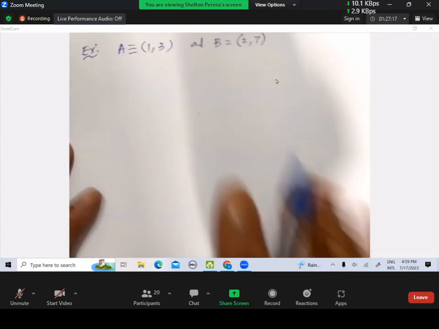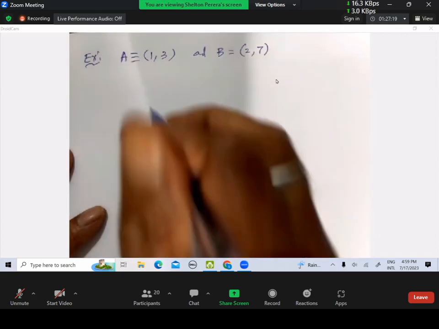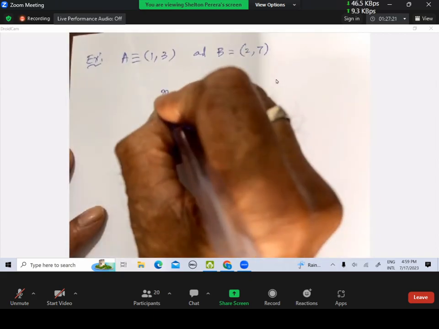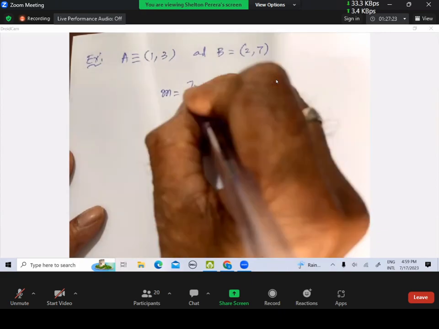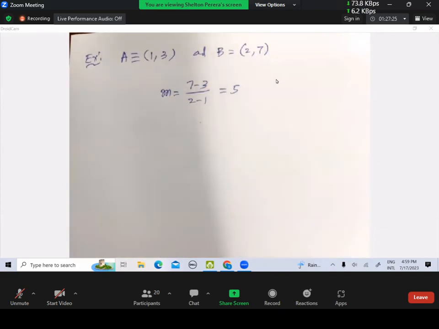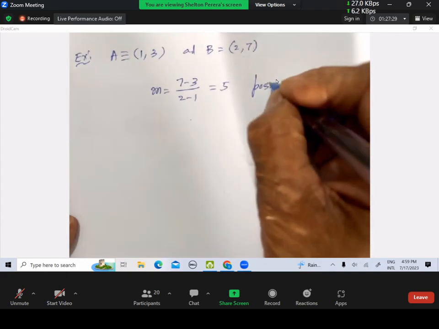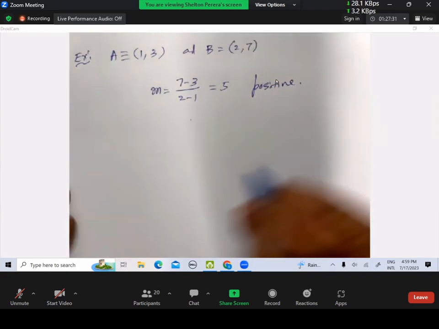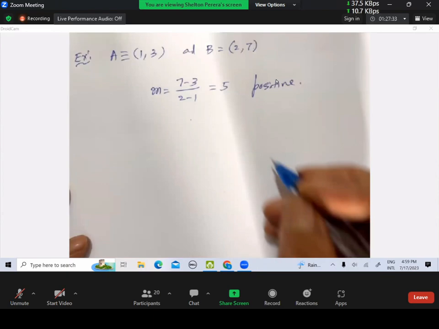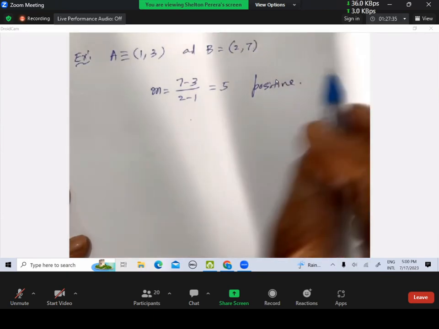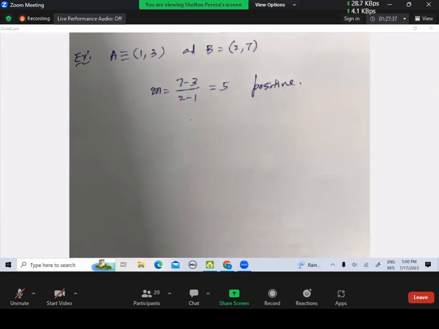What is M? M is equal to 7 minus 3 divided by 2 minus 1. M is 4. M is positive. If you draw the 2 points, you will see it's a rising line.